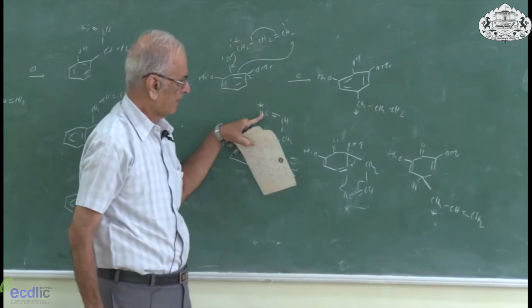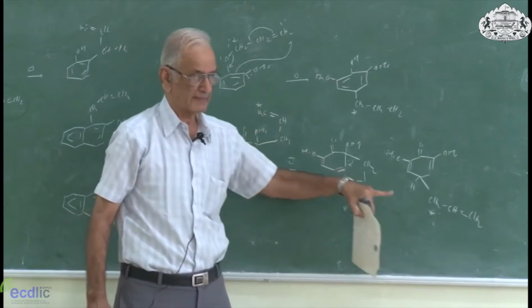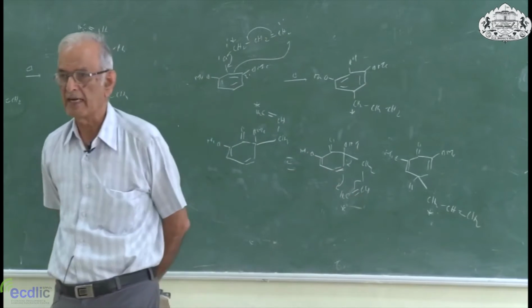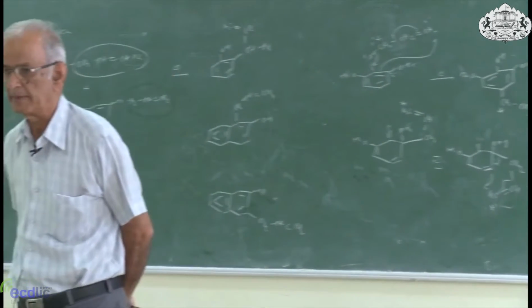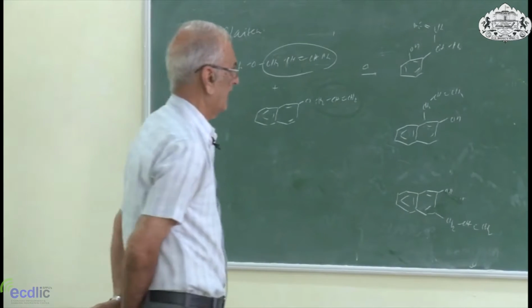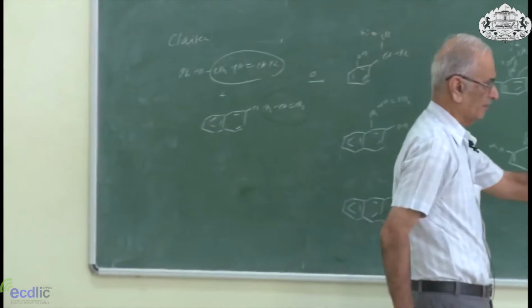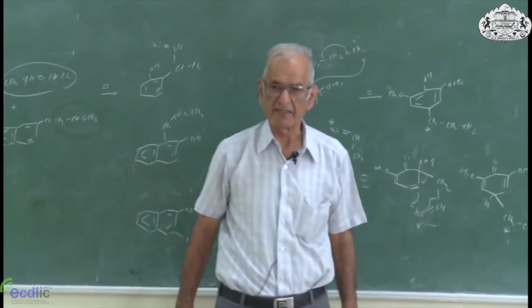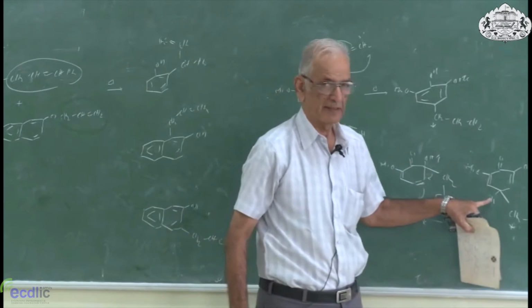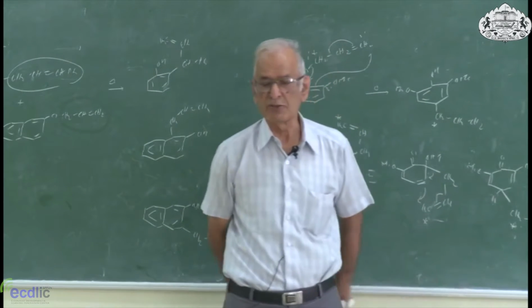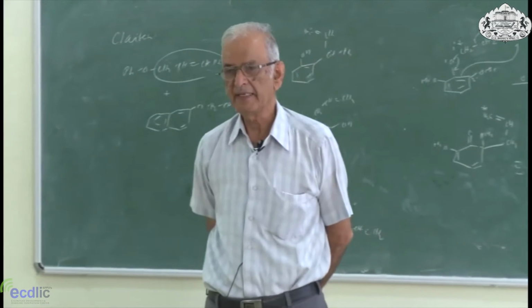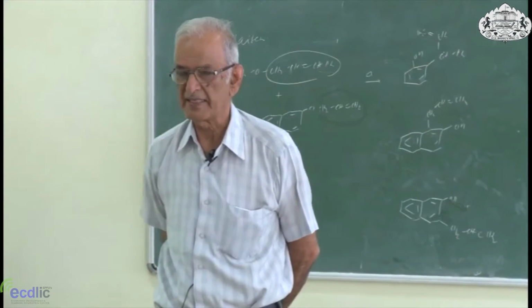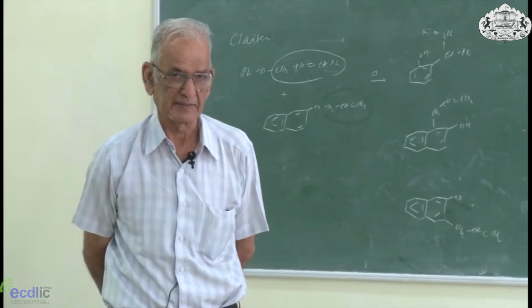At this stage, the labeled carbon was sp2. Now, once again, the labeled carbon has become sp3 carbon. Now, we have the hydrogen to undergo aromatization. Please note that this step is not a sigmatropic reaction. It is an acid catalyzed reaction.